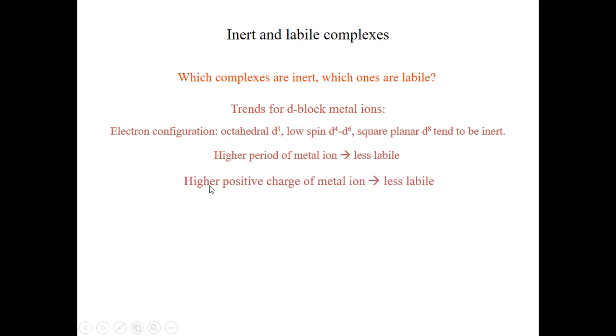Another important factor is the charge. The higher the positive charge of the metal ion, the less labile. That actually connects to the previous point, in the sense that when we have a higher positive charge, the covalency of the metal-ligand bond tends to increase.